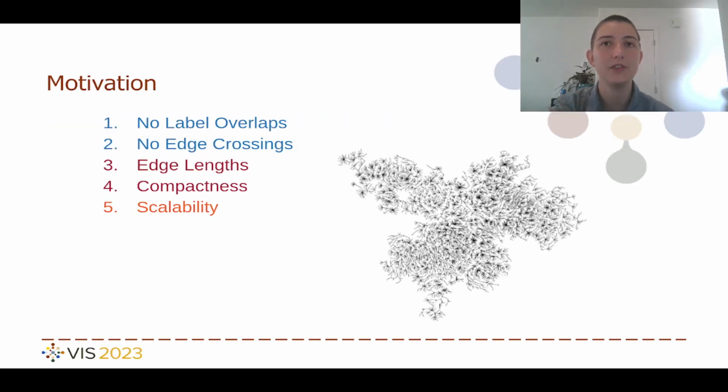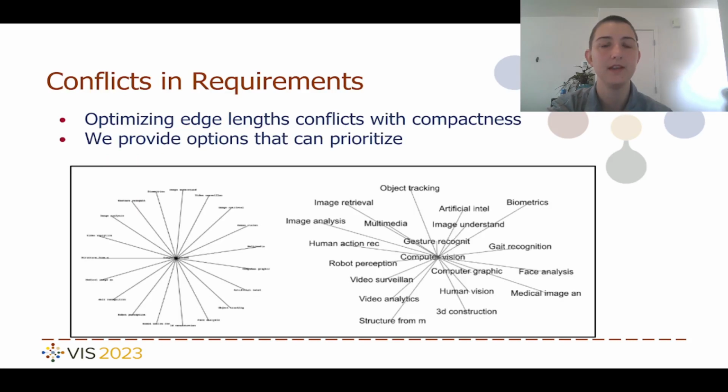To summarize, we have two hard constraints, no label overlaps and no edge crossings, and two optimization goals, realizing desired edge lengths and compactness, while also providing scalability via parallelization. With these motivations, we note that several of them can lead to contradictory results. For example, suppose we have a graph where a single node is connected to many others with the same desired edge length.